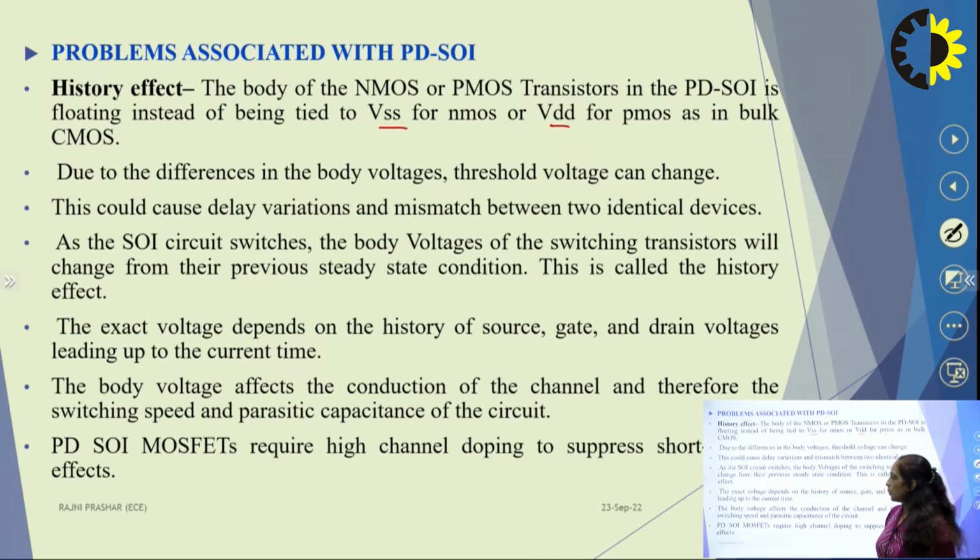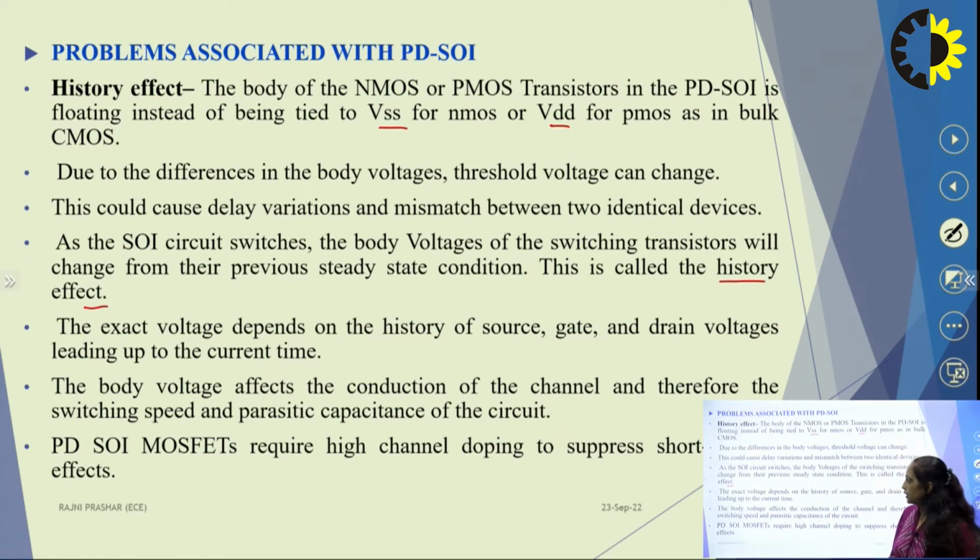So, as the SOI circuit switches, the body voltage of the switching transistor will change from its previous state to the next state, and this is called the history effect. Because of the floating area, there will be some charge stored already. So, when we apply a new voltage, that effect will also come into the picture.